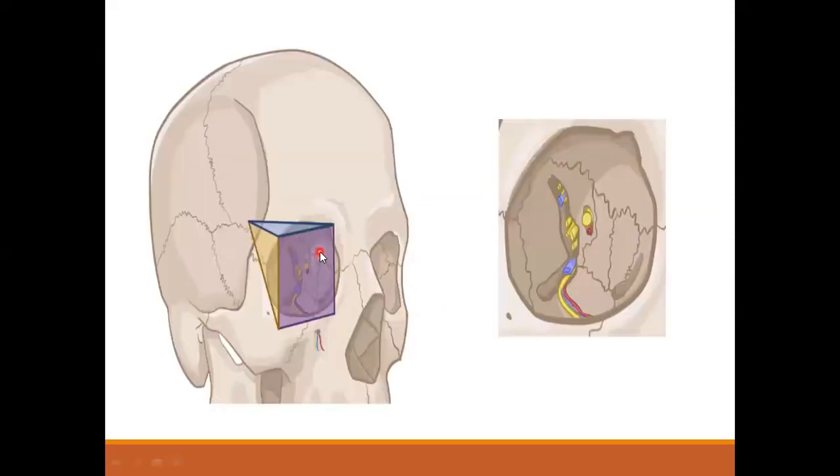The base is this. It opens anteriorly into the face. Then the apex is directed towards the posterior medial direction. Then it has a medial wall, lateral wall, superior and inferior walls.